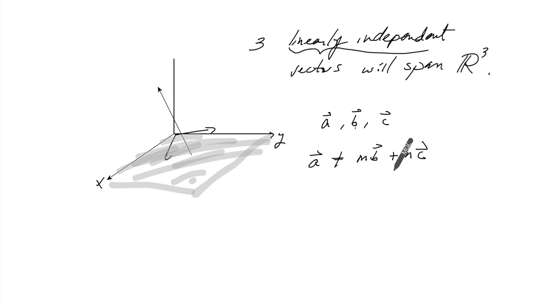So this is impossible to satisfy with any m and n. Okay, there's no m and n which will make this true. Okay, so no m and n can be found so that, let's call this star, star is true.